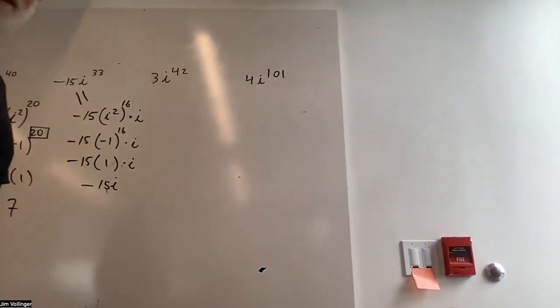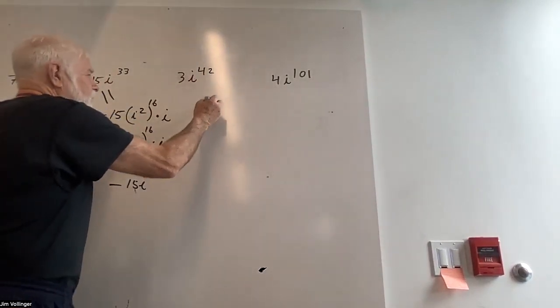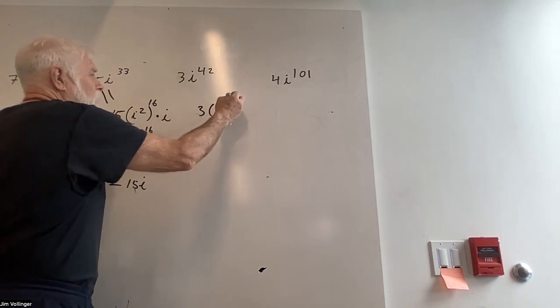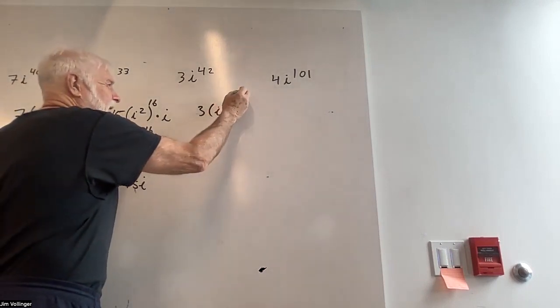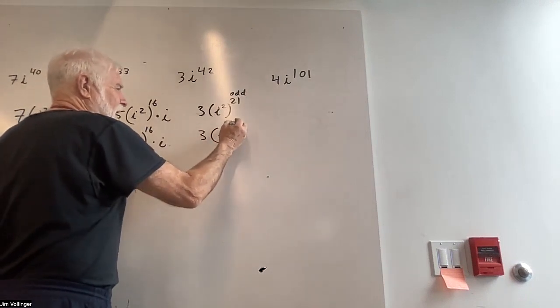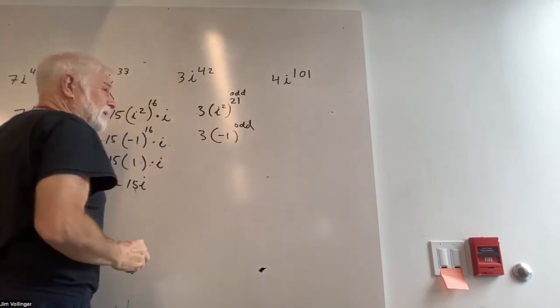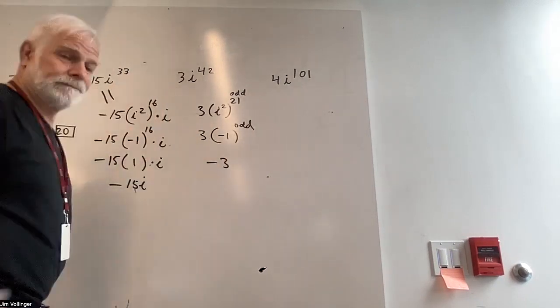And we're going to talk about some patterns here at the very end. 3i to the 42nd is 3 i squared 21 times. That 21 is an odd number. So 3 times -1, an odd number of times, keeps this negative, -3.